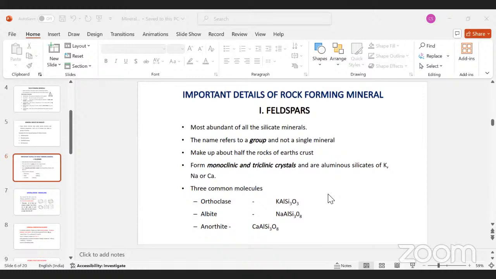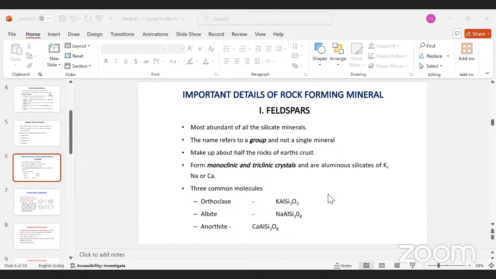This one, for example, is in the feldspar family.